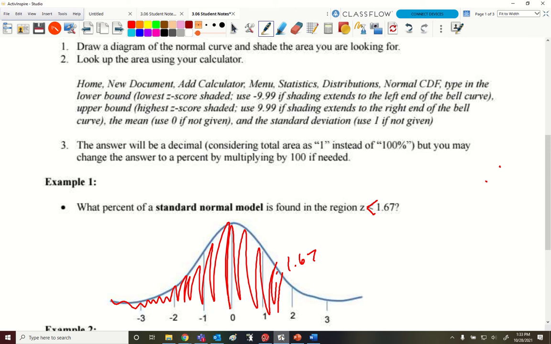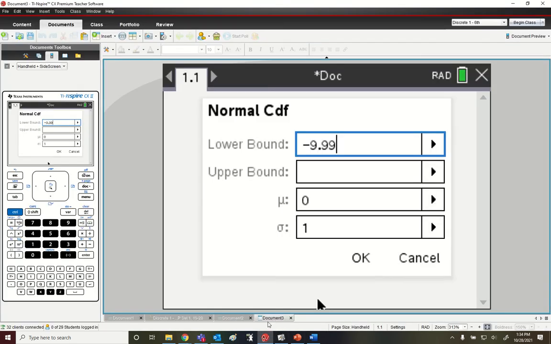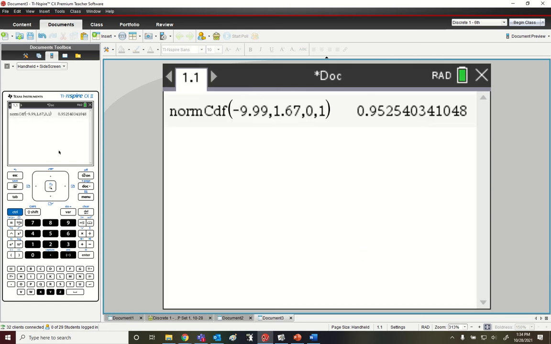So my upper bound here is 1.67. Now, does it say anything different about my mean? Does it give me a different mean? Does it give me a different standard deviation? It doesn't give me different on either of those, so I keep that and I hit OK.